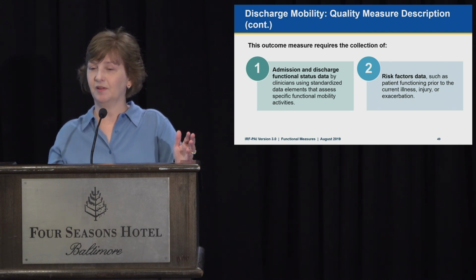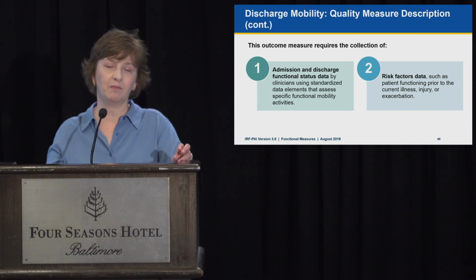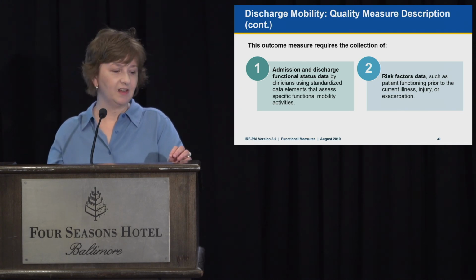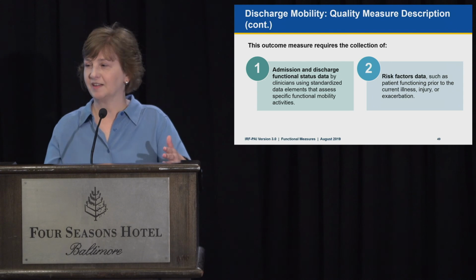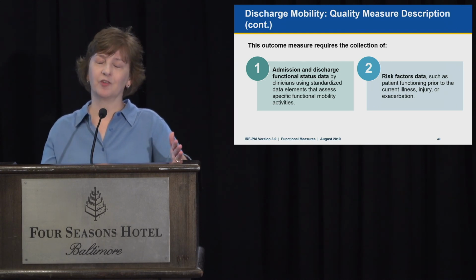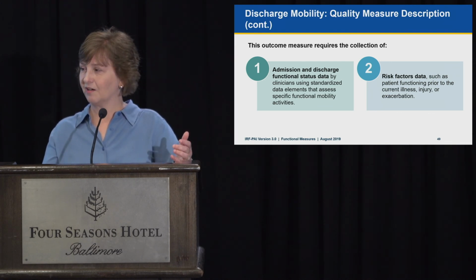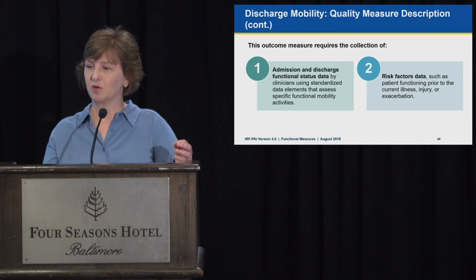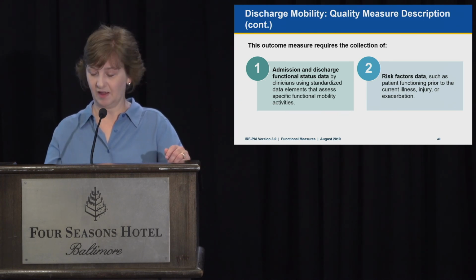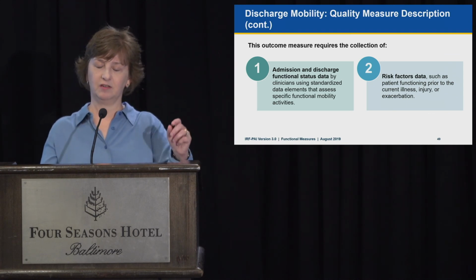So, for example, section BB has the communication items, section H has the bowel and bladder incontinence items, the BIMS is in section C. So all of those data elements are considered. And then the comorbidities are the ICD codes that are reported in item 24 of the IRF-PAI. Those are also included. And then prior functioning in the early section of GG are also included.